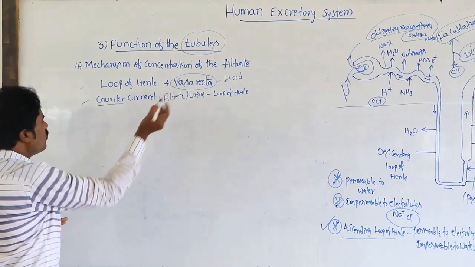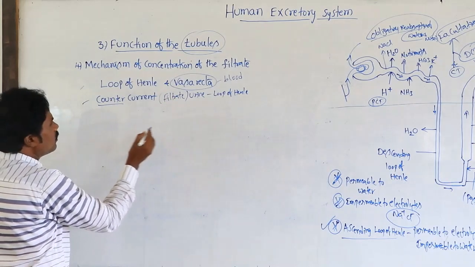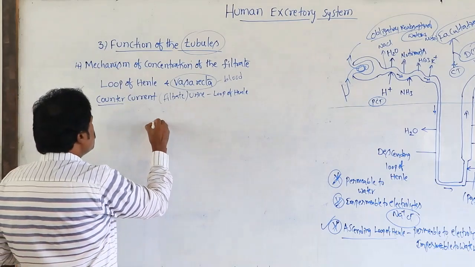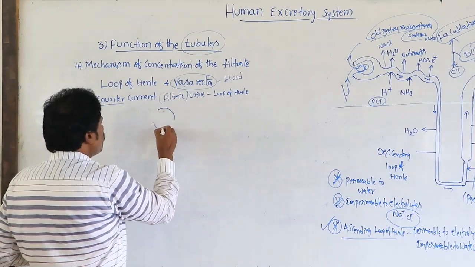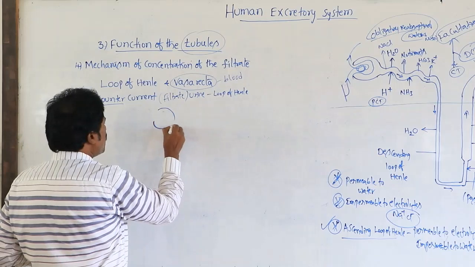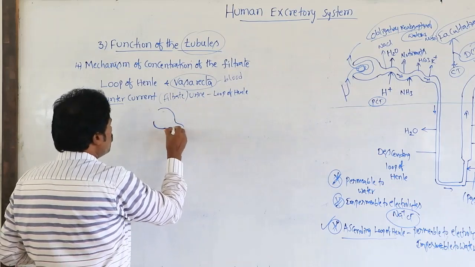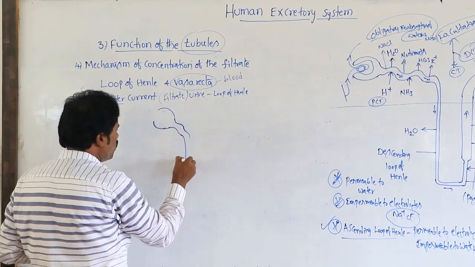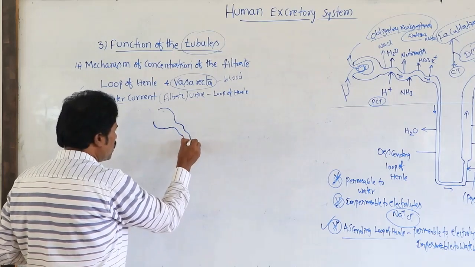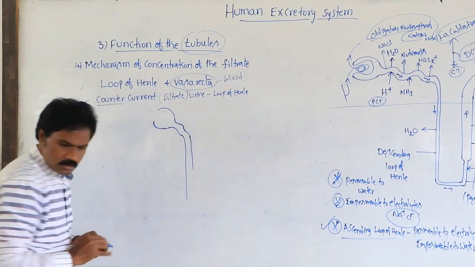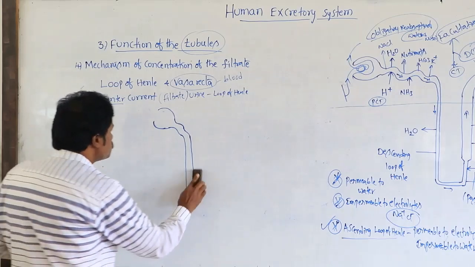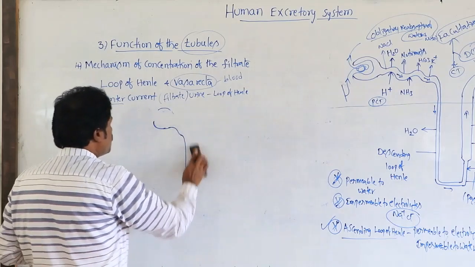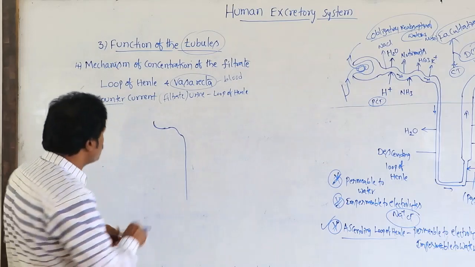Suppose this is the Bowman's capsule, then the proximal convoluted tubule, then we need the descending loop of Henle, drawn a little bit larger for understanding purposes.